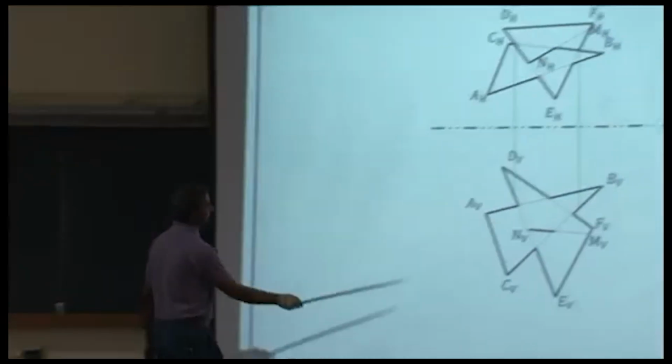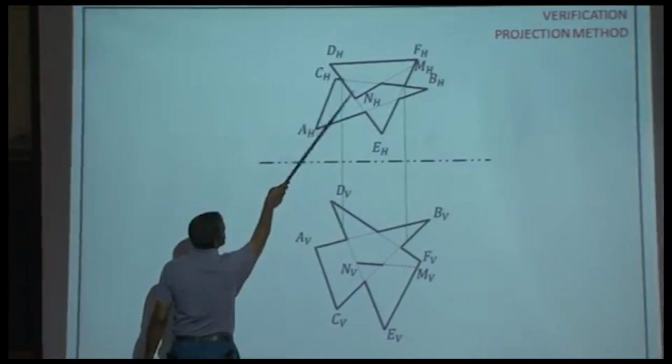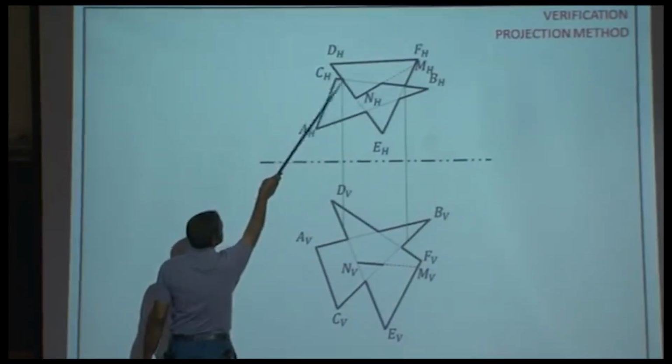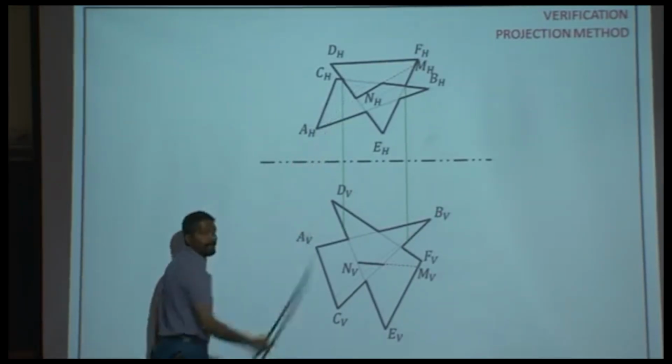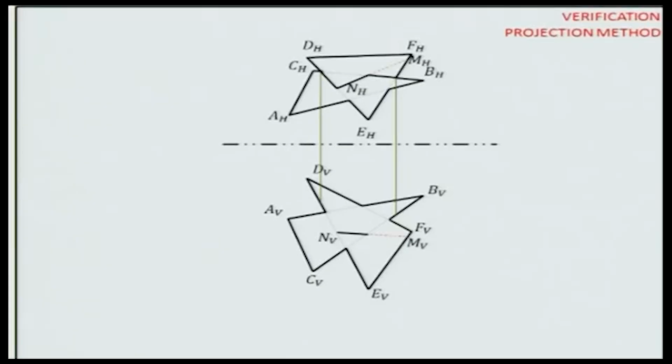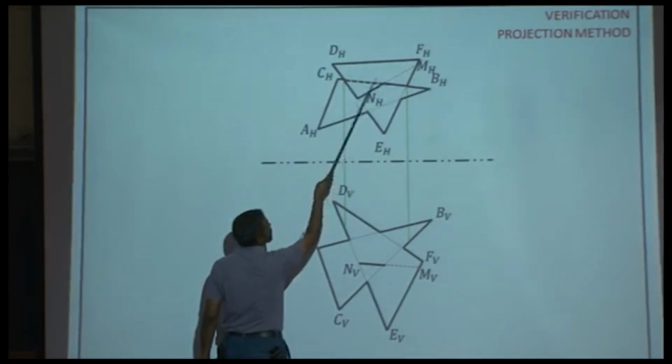Now, if you look at this one back again, so it is DE which is visible. When this portion is visible, this portion of ABC should be hidden. Yeah? One thing more that you would want to notice, what has this line of intersection done to this edge?